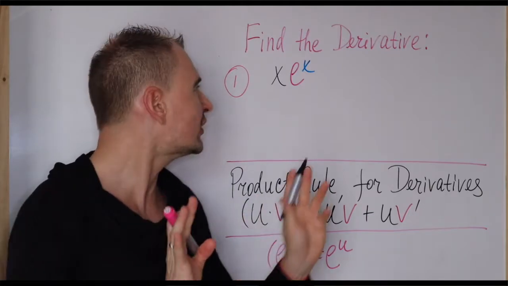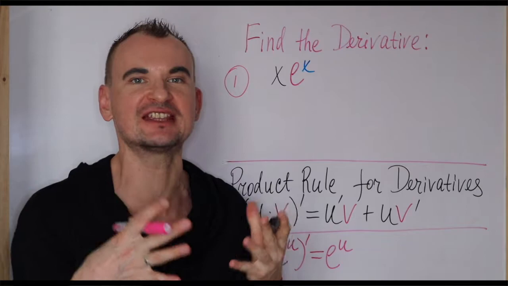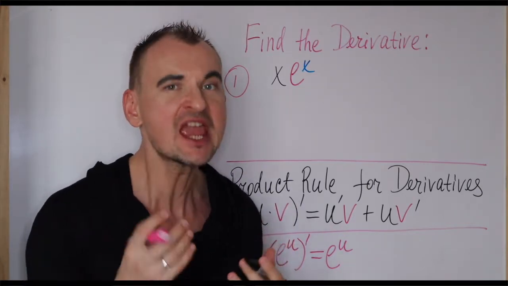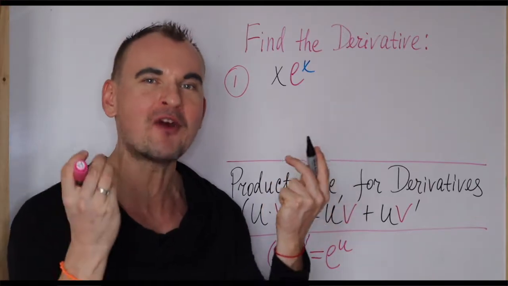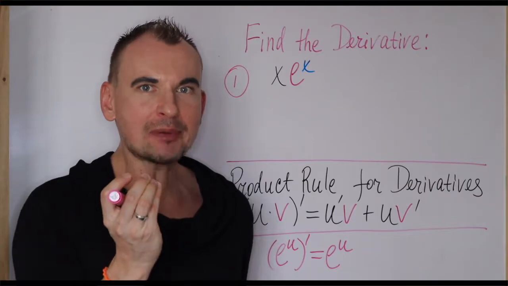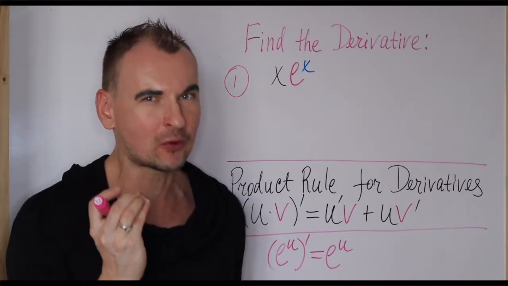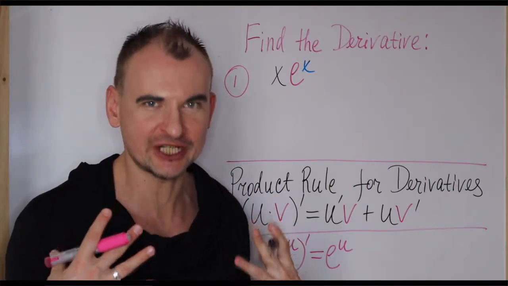Alright, say you are working on something like x e to the x, and you need to differentiate this function with respect to x. First of all, as I mentioned before, you are given two functions being multiplied together. And all you need to apply first is the product rule for derivatives. Yes, there is a product rule for derivatives.